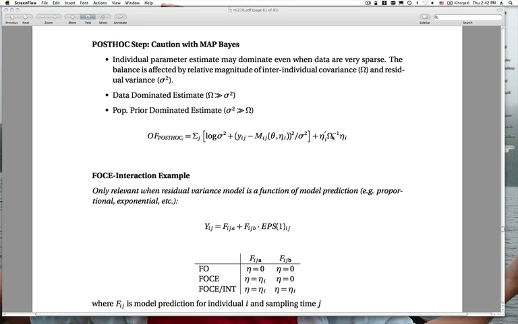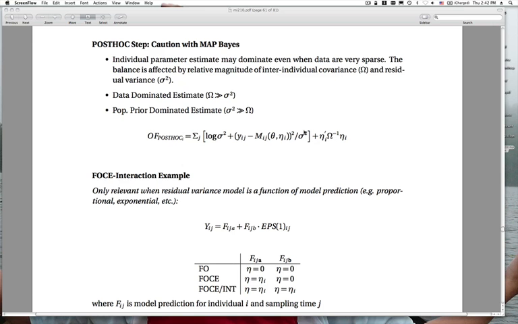When the population prior dominates, well, that happens when the data themselves are not as trustworthy, where the sigma squared is relatively large relative to omega. So omega doesn't allow for a large range of variability for the individuals to be quite different from the population. And also sigma being larger here really unweights the data in this objective function.